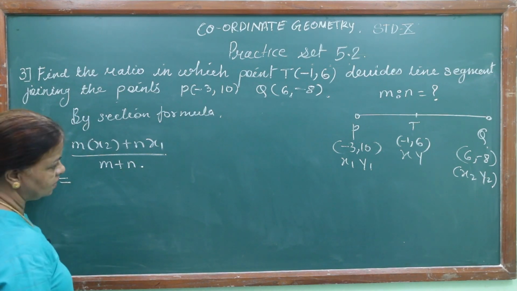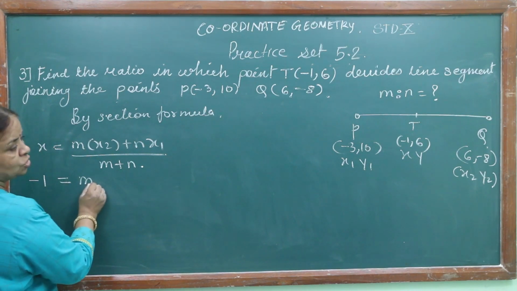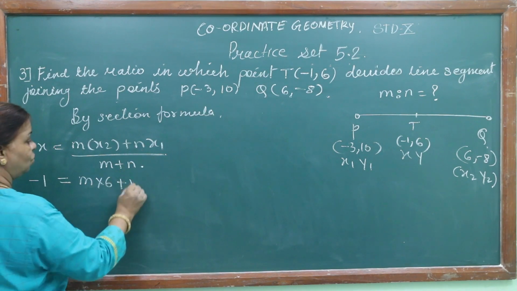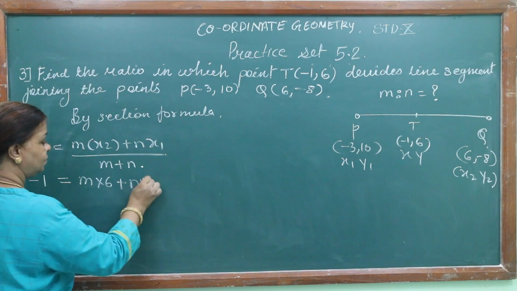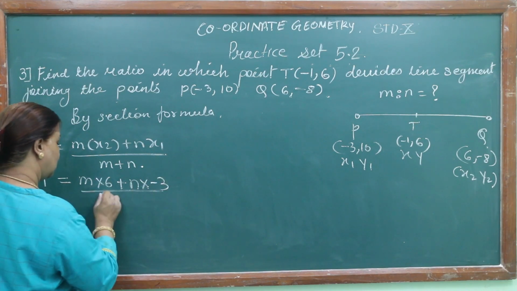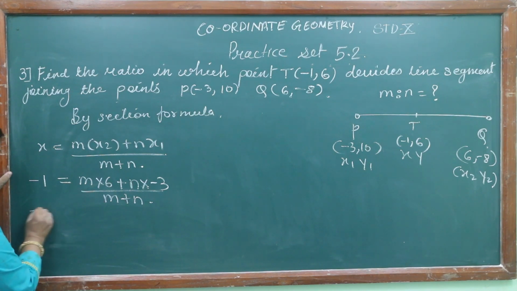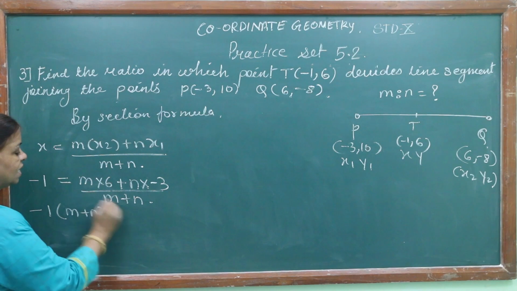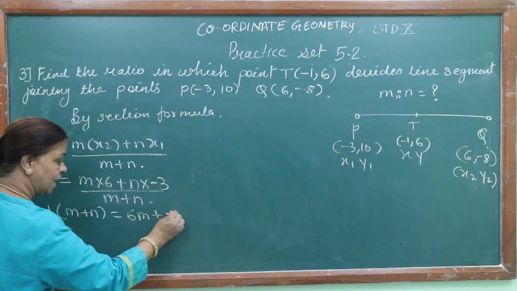Now here x is minus 1, and m we don't know, x2 we know is 6, n we don't know, x1 is minus 3, upon m plus n. Now m plus n will go here with minus 1: minus 1 into m plus n is equal to 6m plus minus 3n.